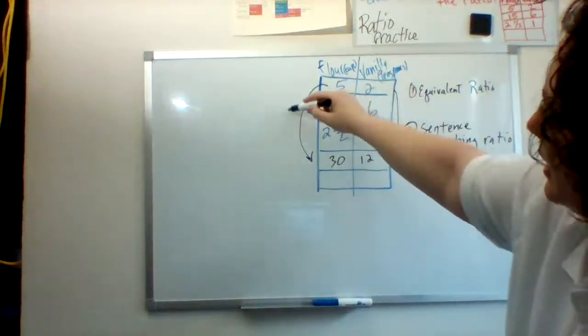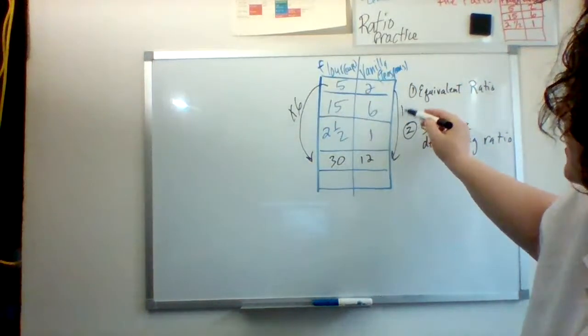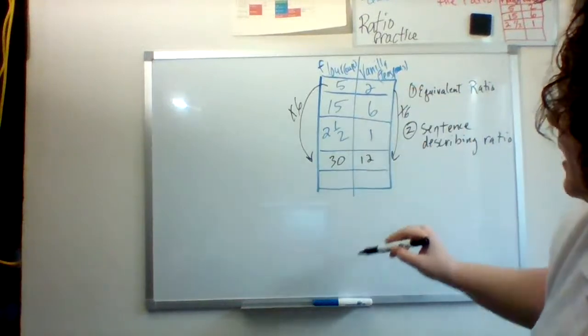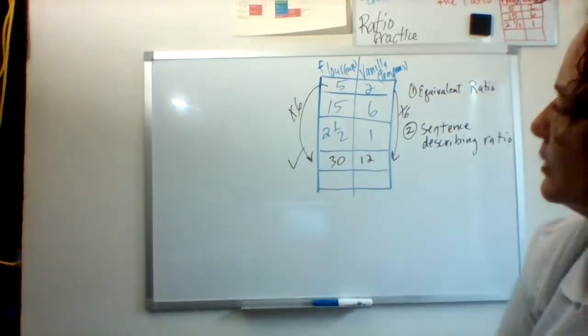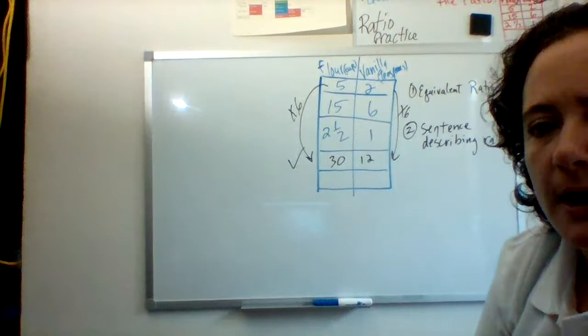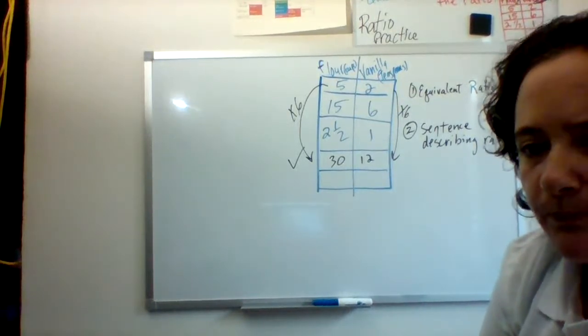So 5 times 6 gives me 30. Does 2 times 6 give me 12? Yes, it does. So 30 to 12 is an equivalent ratio.